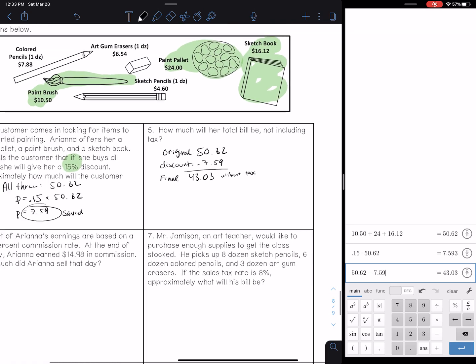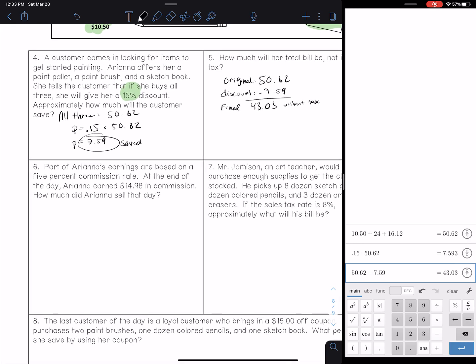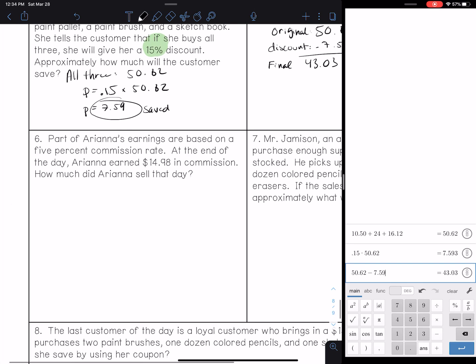Okay. Number 6. Part of Ariana's earnings are based on a 5% commission rate. At the end of the day, Ariana earned $14.98 in commission. How much did Ariana sell that day? So, part equals percent times whole.